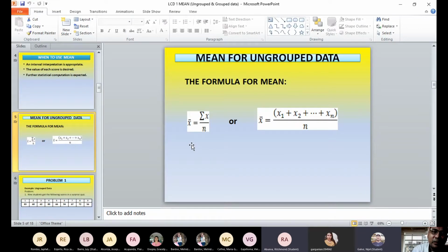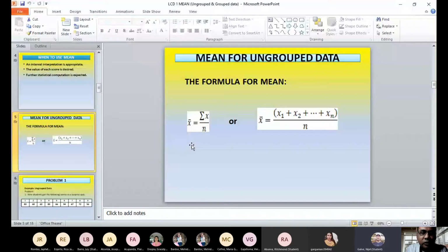So, in our ungrouped data, the formula is X bar equals the summation of X. This is the symbol of sigma, which means you sum up, meaning add all the items, and divide by the total number of samples or items.